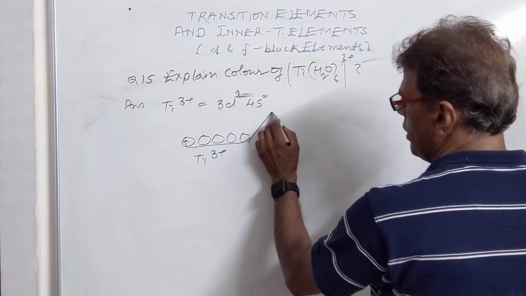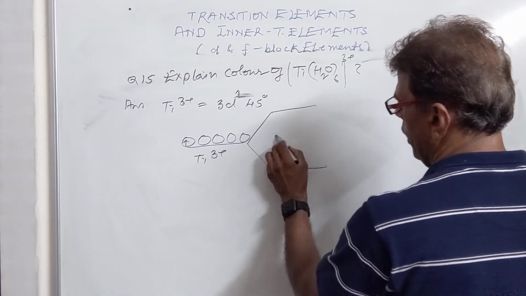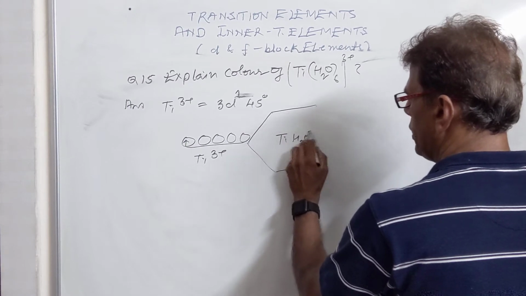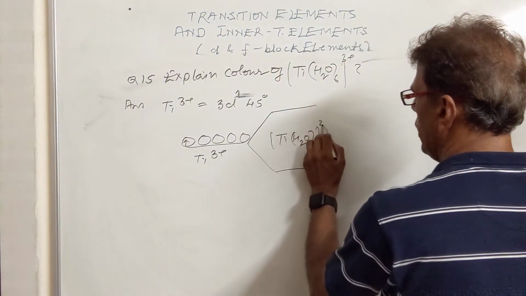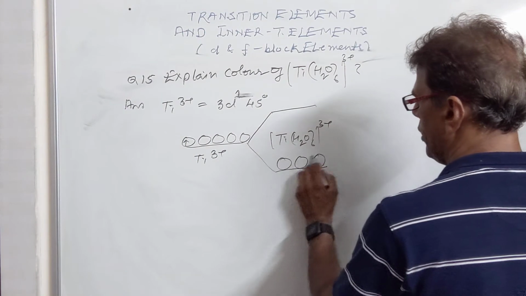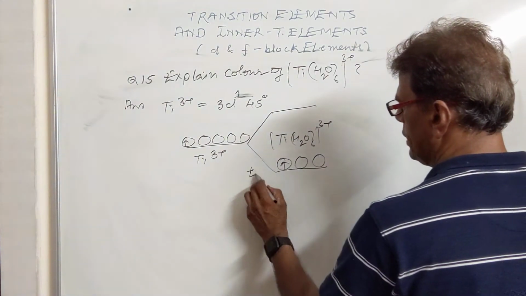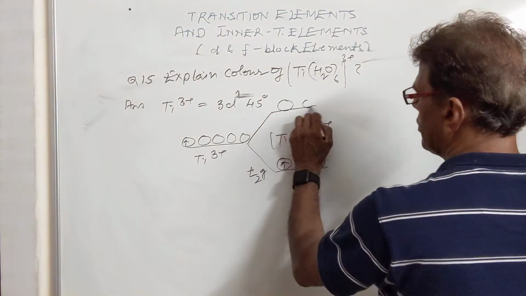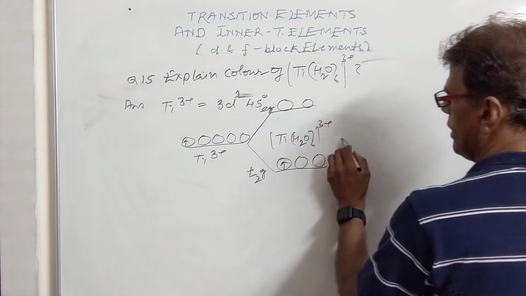When water comes in contact with it, it splits the d subshell into two parts. This is the hexaaqua titanium(III) complex. It has two sets of d orbitals. The lower set is called the t2g set and the upper set is called the eg set. The lower set contains the electron.